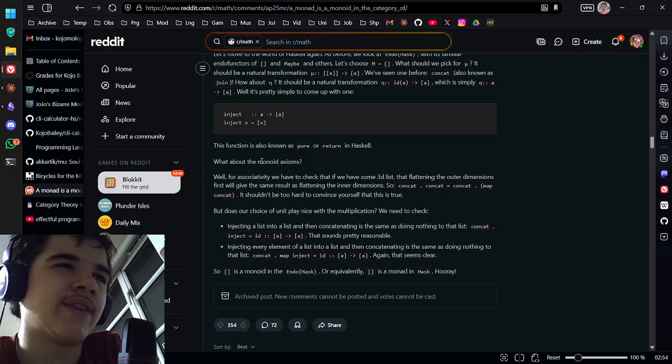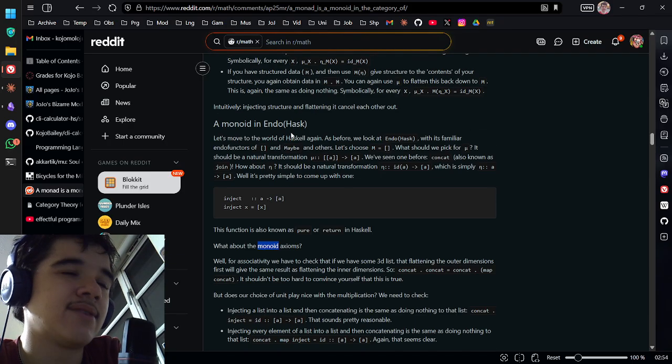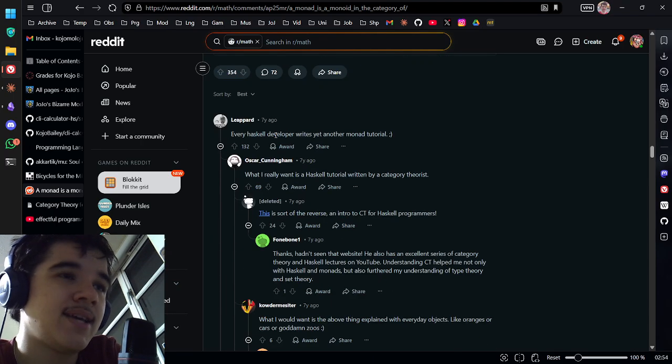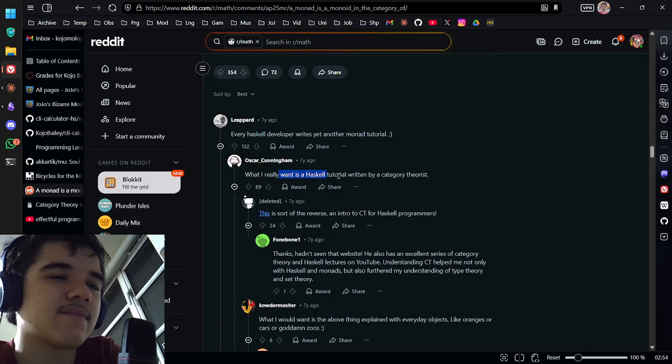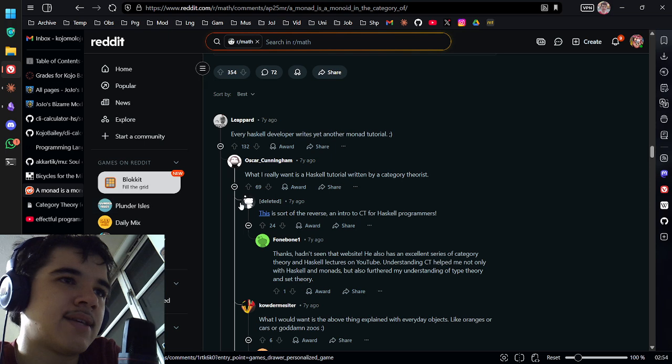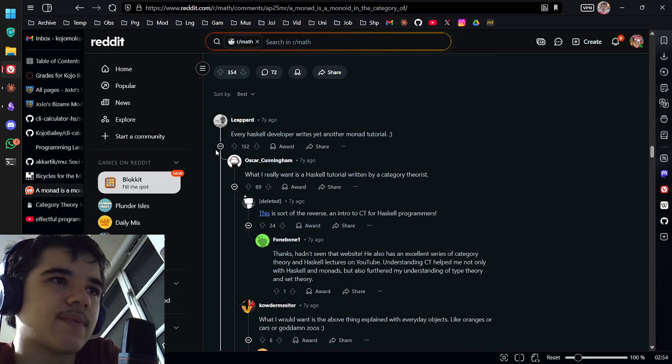So we're just proving that this type of monoid is indeed in the category of endofunctors. Okay. Yes. And look at that. This links to this. Who'd have thought?